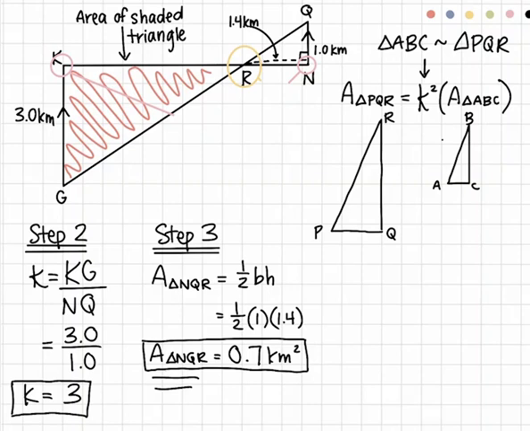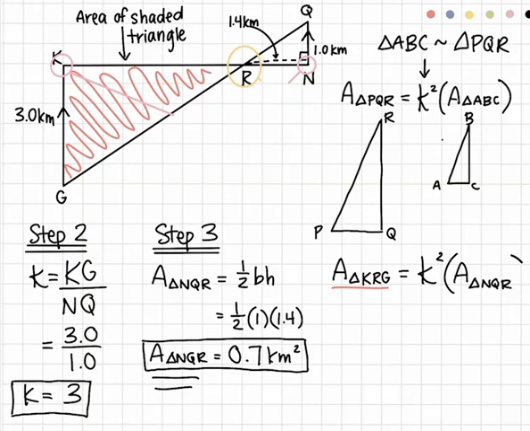So what that would look like is, in this situation, you're finding the area of which triangle? We're finding the area of triangle KRG, right? That's the shaded one. Just trying to match the color for you. Equals our K factor squared times the area. What's the area of the triangle? We have a small triangle here, right?